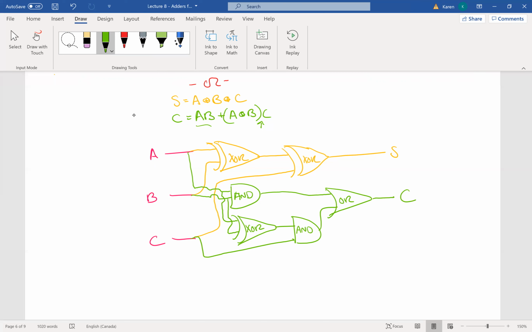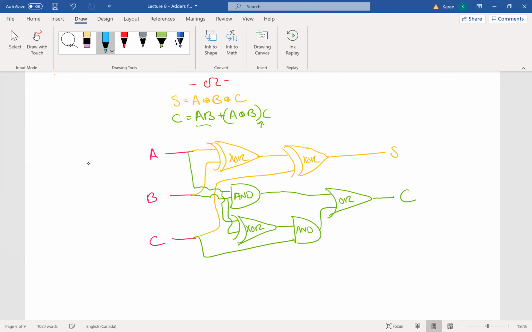And at this point, I sure am hoping that that's the same as what we have above. I'm just thinking that it's probably not, because this is A exclusive or B. And look what I've done here. I've made another A exclusive or B, which is very silly. You wouldn't draw that twice.